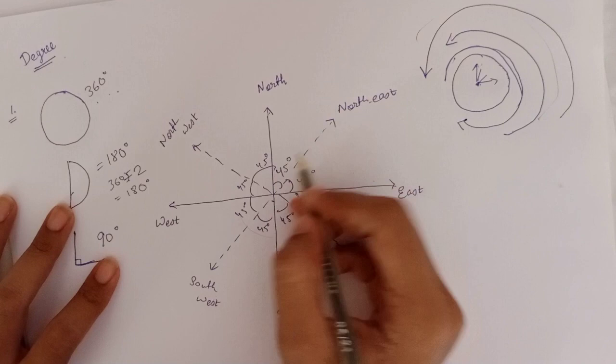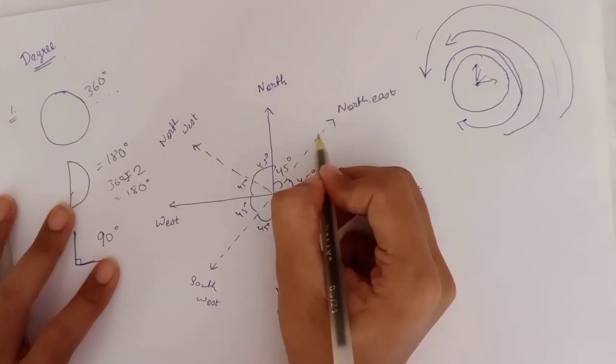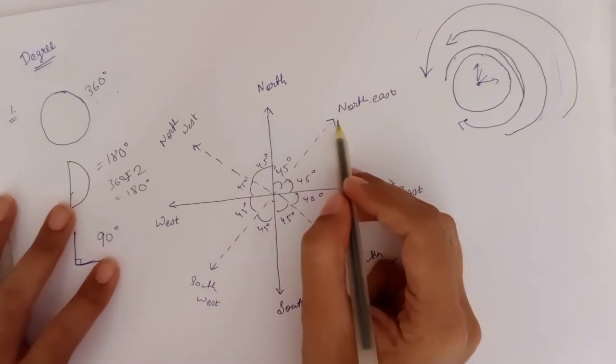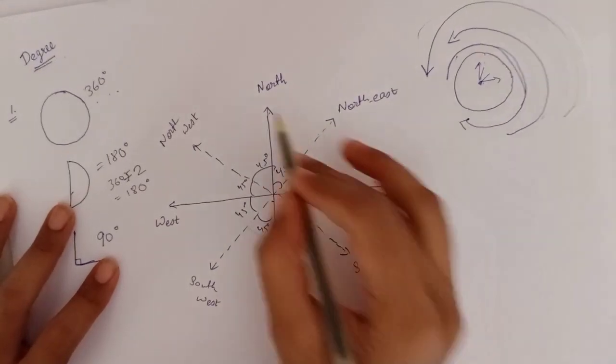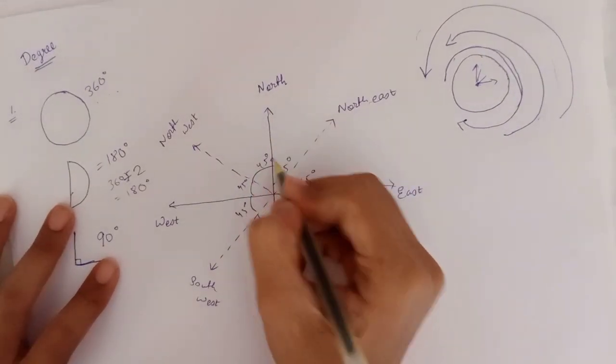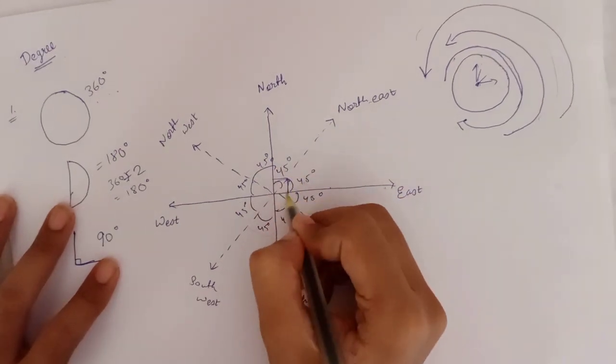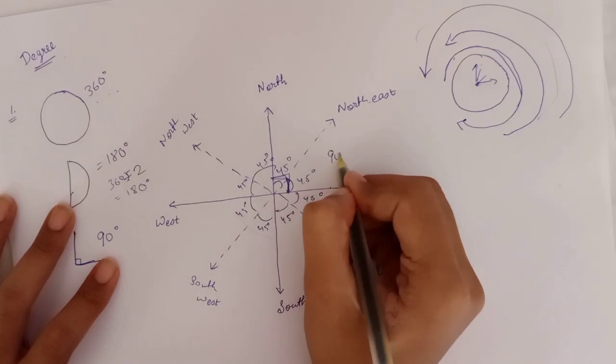Now what we can do is, from north to northeast is 45 degree. Now if we move from northeast to east, again 45. Now we want to go from north to east, so this will be 90 degree.